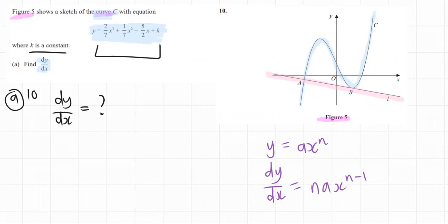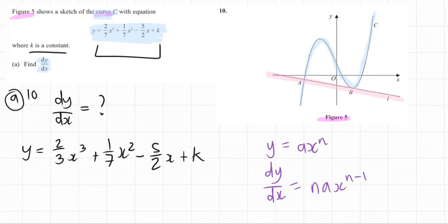So our y was 2 over 3 x cubed plus 1 over 7 x squared minus 5 over 2 x plus k. One step at a time.